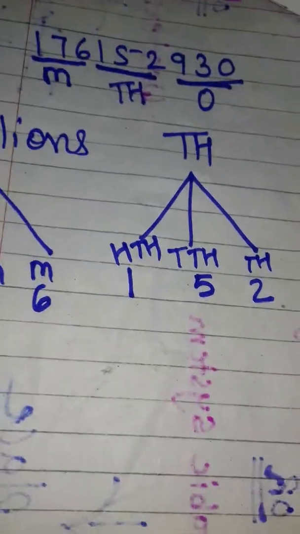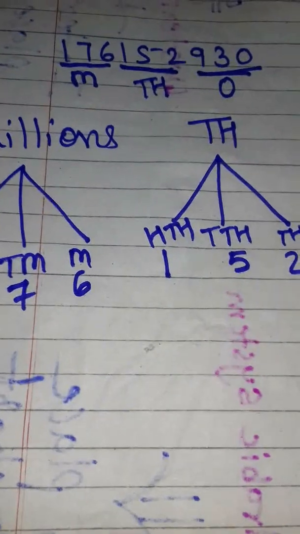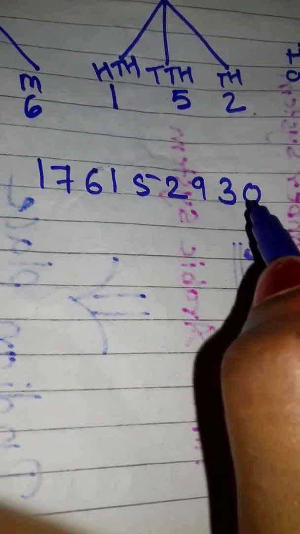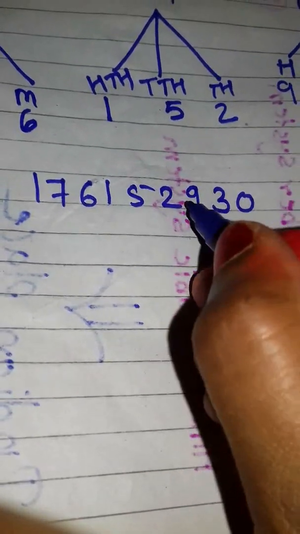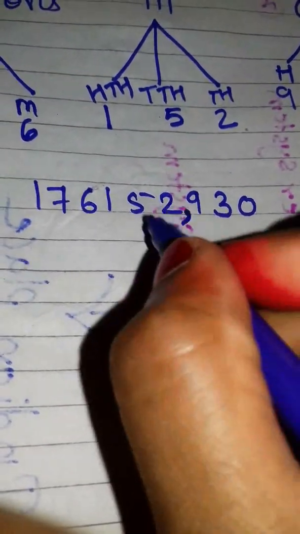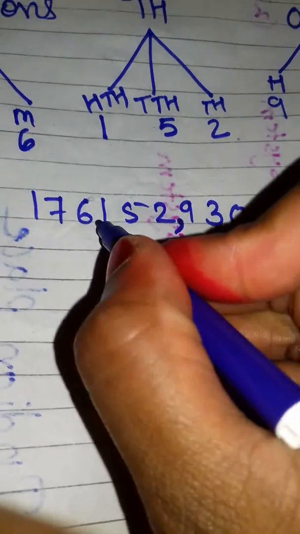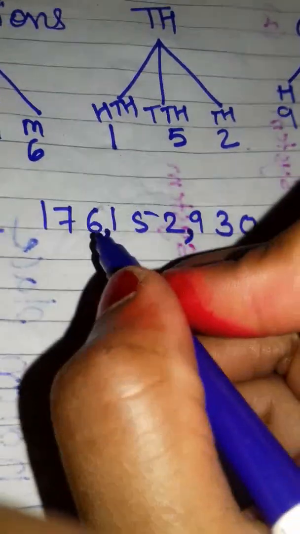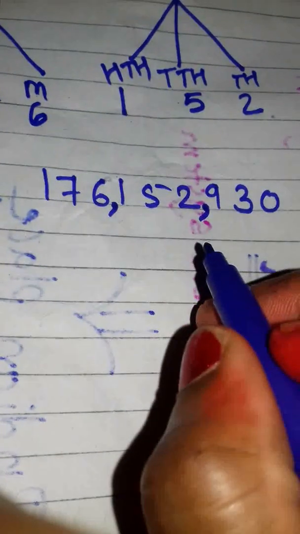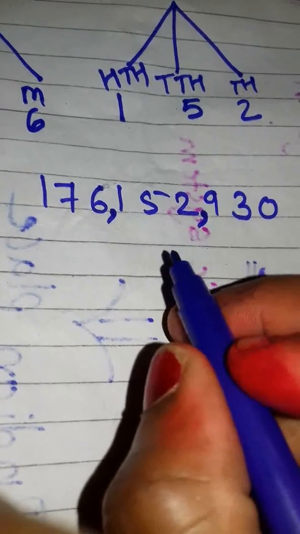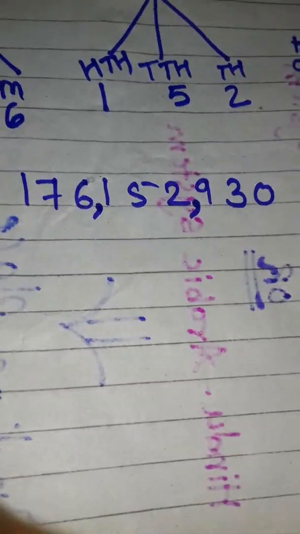So how will we write this? By putting commas according to its period. We will start from the right: 1, 2, 3, comma, ones period; 1, 2, 3, comma, thousands period; 1, 2, 3, million period. So this is the way to write a large number according to the international number system.